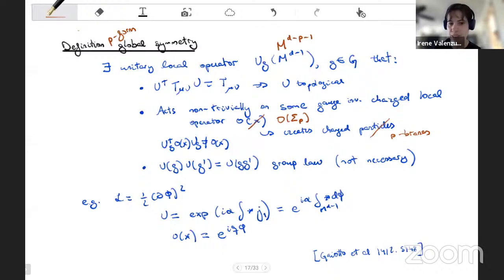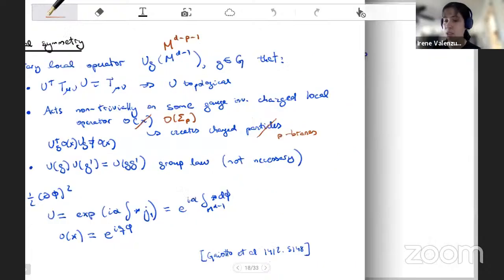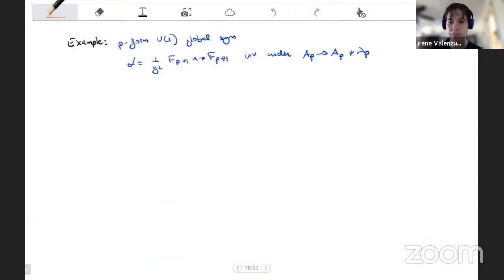So the analogous example of the shift symmetry of the axion, but for a P-form global symmetry, is to consider some gauge theory, a U(1) P-form gauge field, such that one of the symmetries this theory has is this P-form global symmetry, which is the shift of the P-form gauge field.